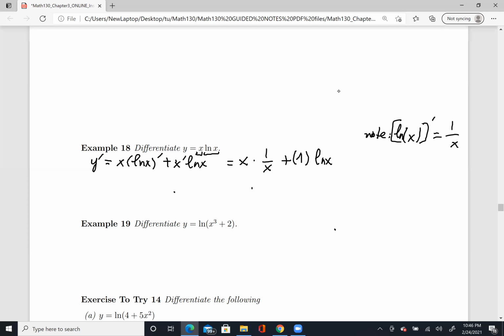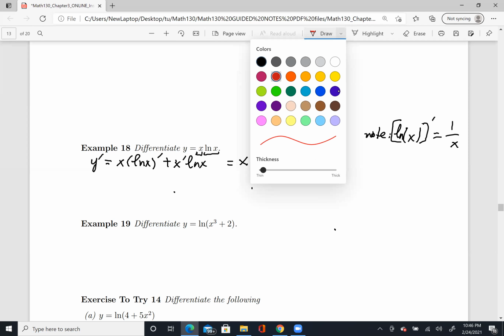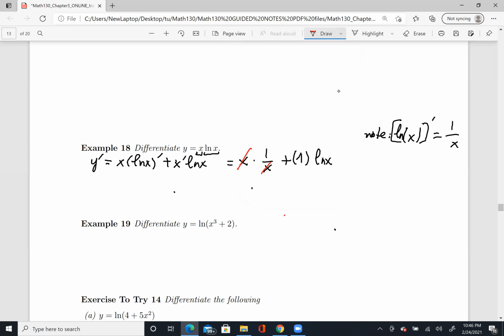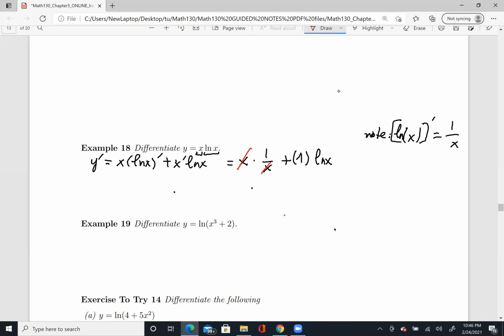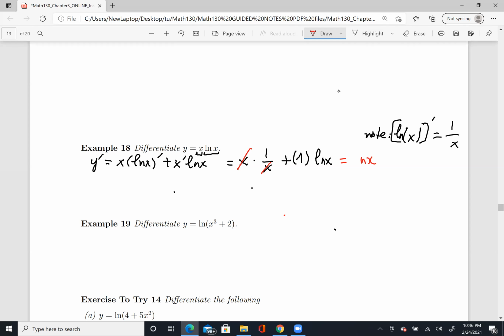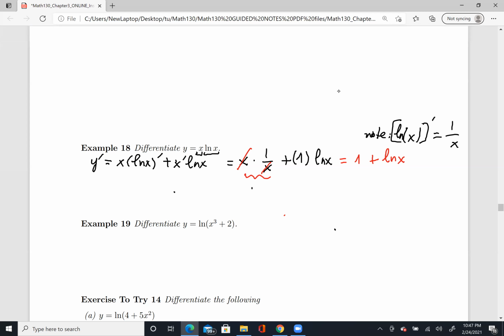When you want to simplify things, you should notice that there is an x here that can be cancelled, and the first term becomes 1. So I should have 1 plus ln x. All right, this will be the answer for this one. This one I needed to use the product rule.